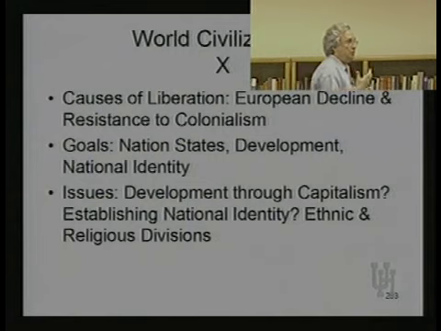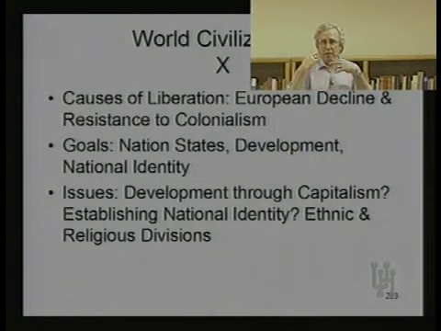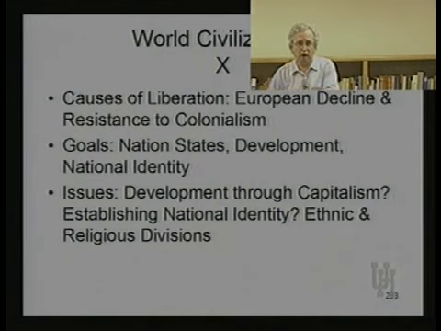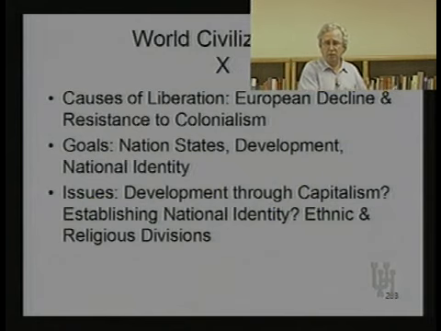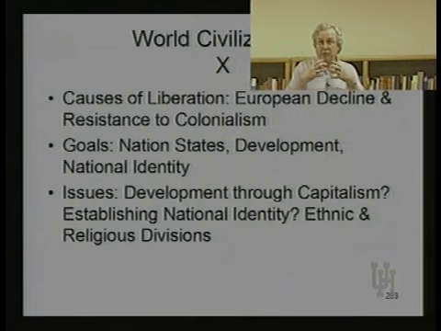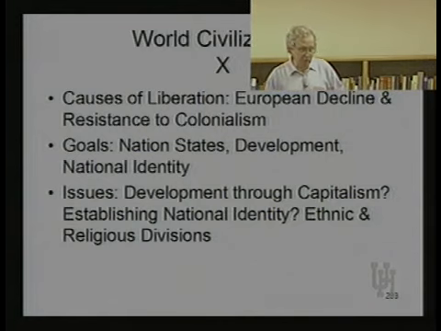A not insignificant point, because for most people, whether we're talking people in India or Africa, prior to the arrival of colonialism, their identity was not that of a nation state. Their affinities were to tribal groupings, extended kin groups, various dynasties. So the creation of a national identity is a major project in the process of achieving national liberation.